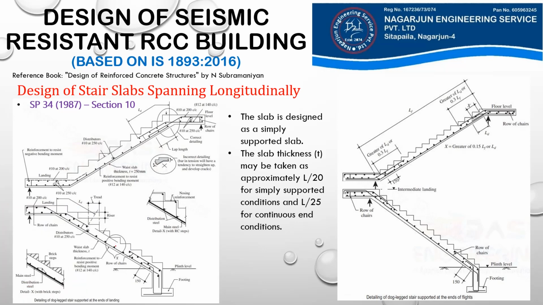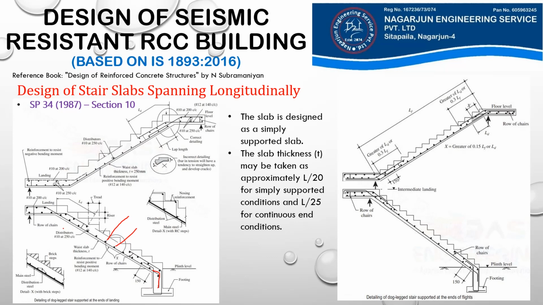So these black dots seen in this cross section are our distribution reinforcement, which are acting parallel to the width of our stairs. And along the inclined length of this slab, the reinforcement that we have is our primary reinforcement or our main bars.